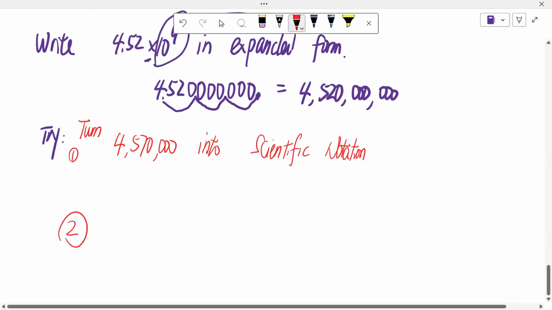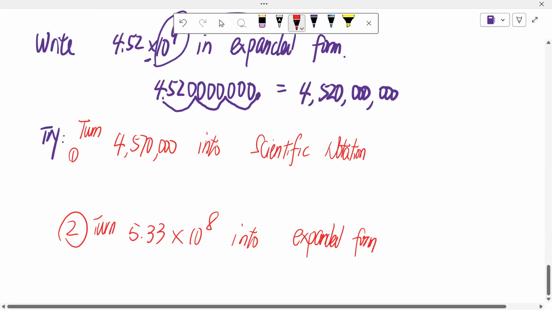The second one is to turn 5.33 times 10 to the 8th power into standard notation, into expanded form. Let's try this.